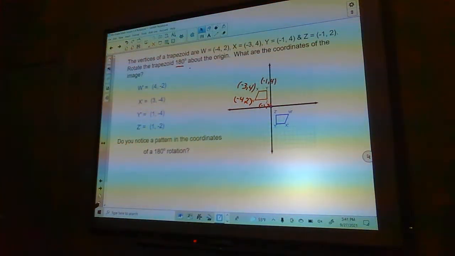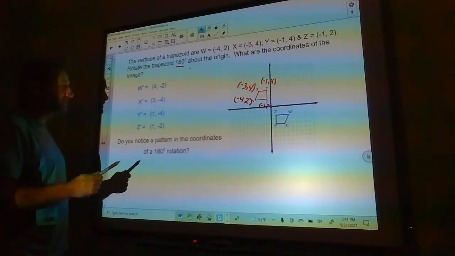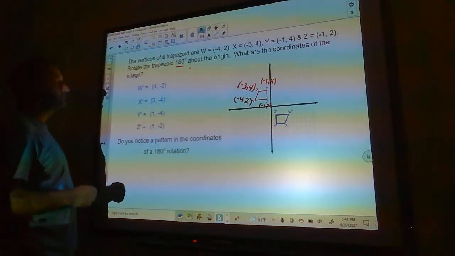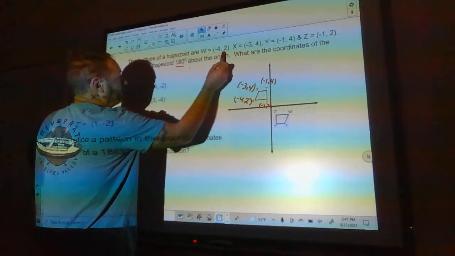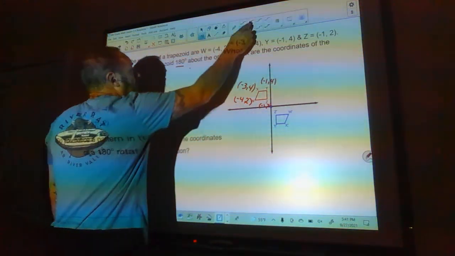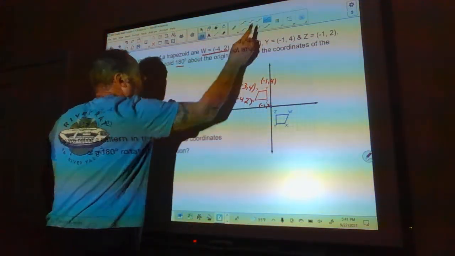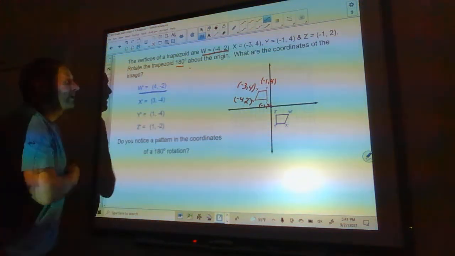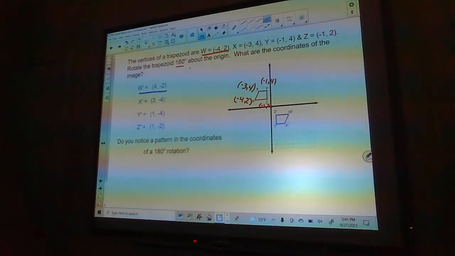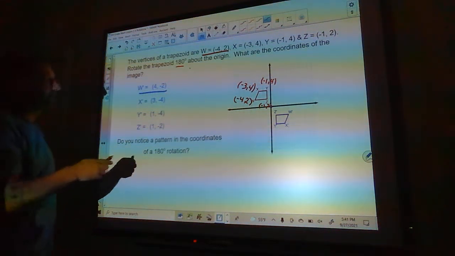Do you notice a pattern in the coordinates of a 180-degree rotation? Look here, compare W with W prime. The negative 4 becomes positive 4, and the 2 becomes negative 2. And it's the same with all these.